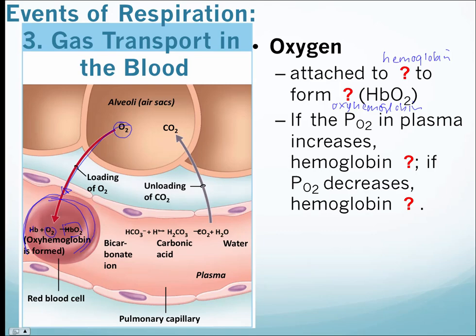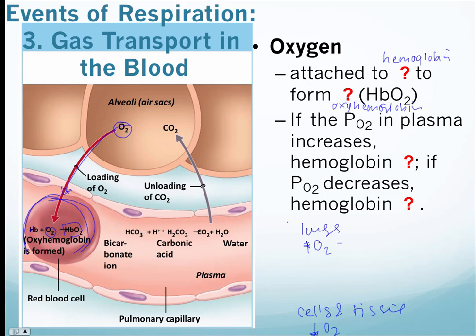And this is the form that's going to stay within our red blood cell until we arrive at our cells and tissues. Because if you remember our illustration, at our lungs the concentration of oxygen within the plasma is going to be much greater than at the cells and tissues. So once we get to the cells and tissues, we're going to have low amounts of oxygen.